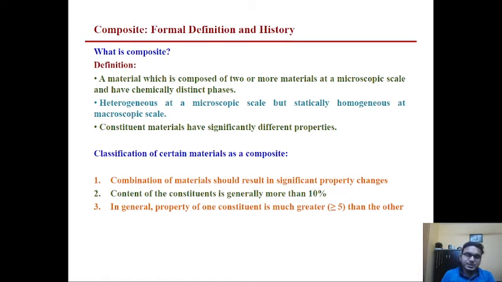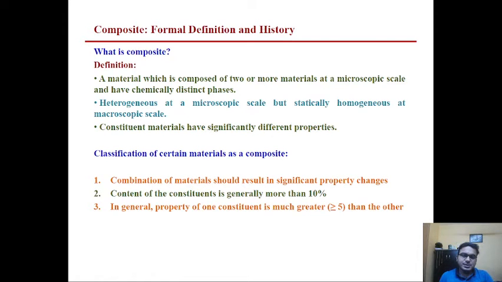Now let's see the classification of certain materials as a composite. There are some conditions which need to be satisfied to classify them as a composite. There are three different conditions here.